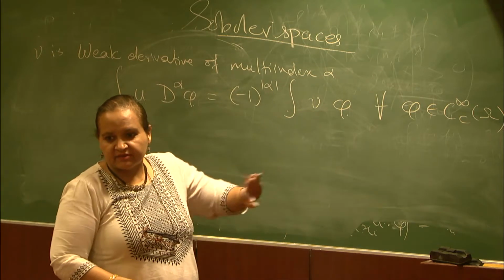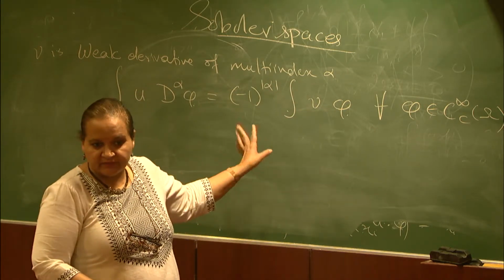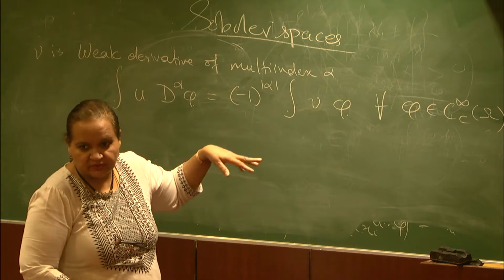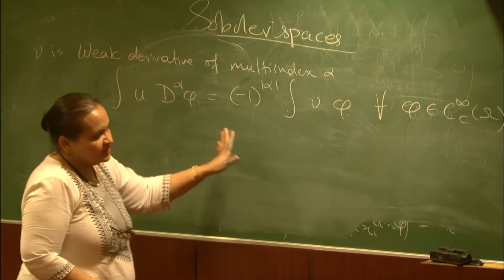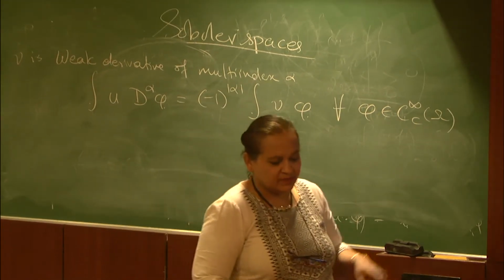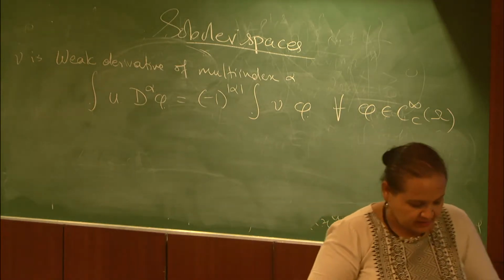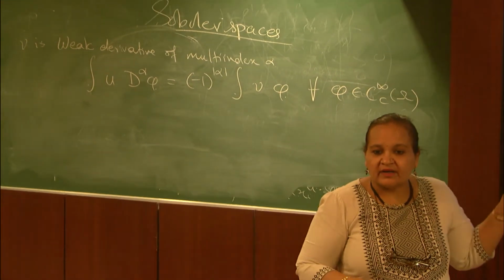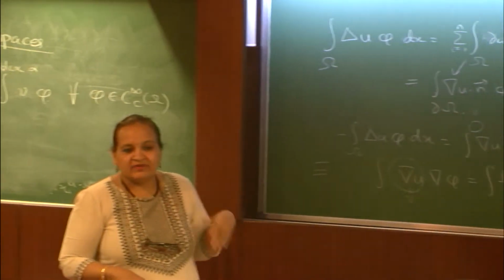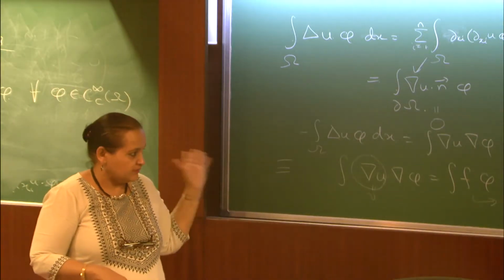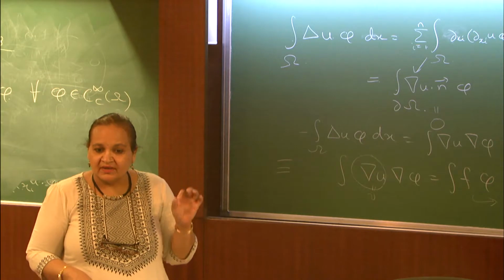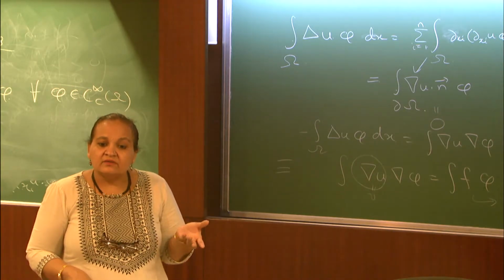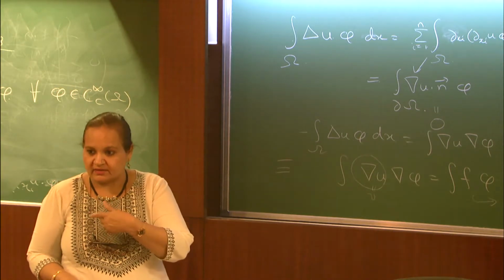If you differentiate it twice, then you will have minus or minus 1 cancels and all that. So the weak derivative definition for a general multi-index is this, and most of the time in the lectures, whenever you are talking of a derivative, it is usually in the weak sense.